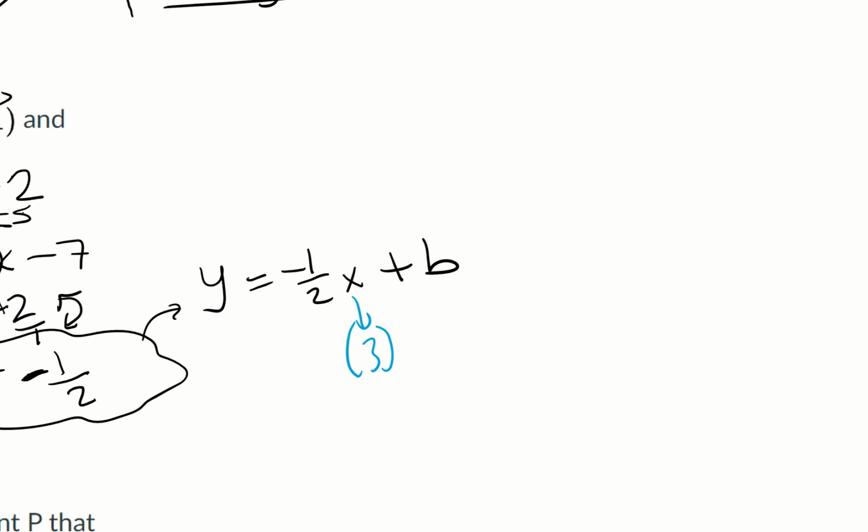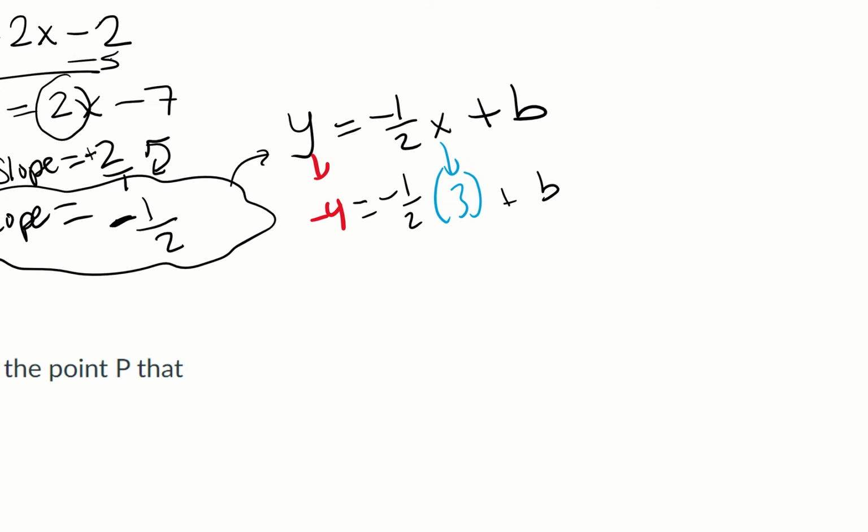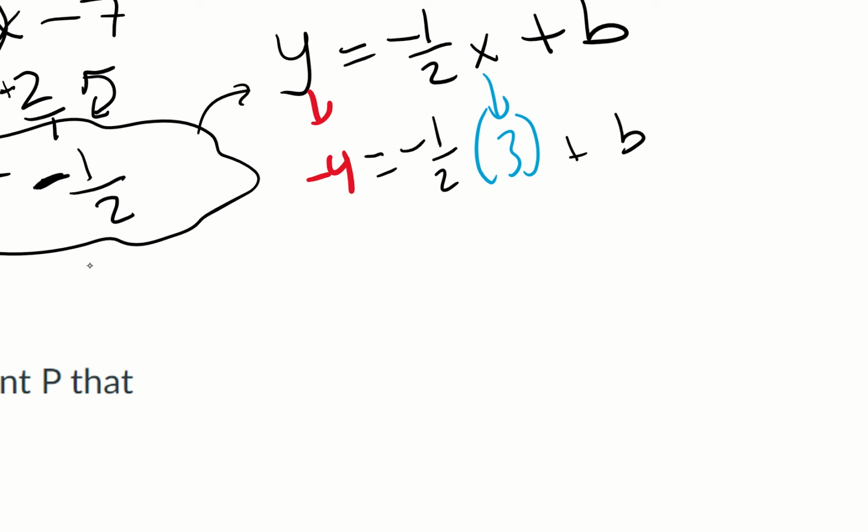And y is -4. So -4 equals -1/2 times 3 plus b. All right, so put this over 1, multiply straight across. So 3 times 1 is 3, or -1 times 3 is -3. 2 times 1 is 2.